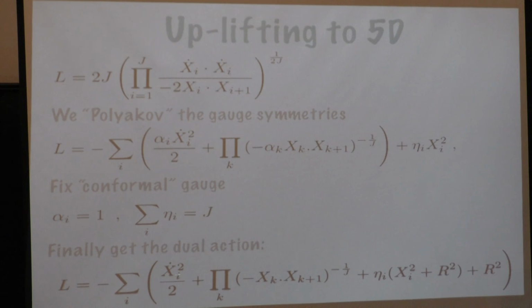It's local. Then the potential is whatever it is. And then you can also introduce a Lagrange multiplier to fix the time reparameterization symmetry in this way. So it looks like a radius of AdS, but of course R at the end of the day should be 0, because x squared is 0. So that's the dual action, I claim.